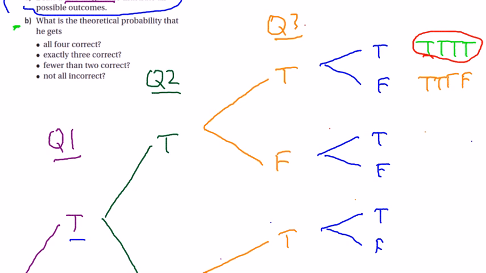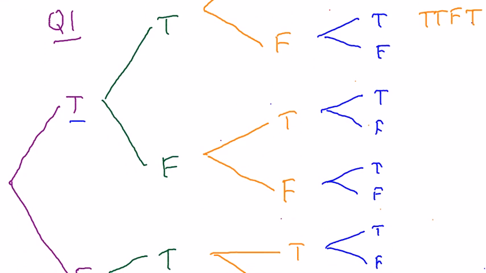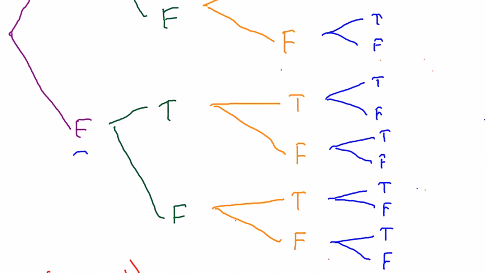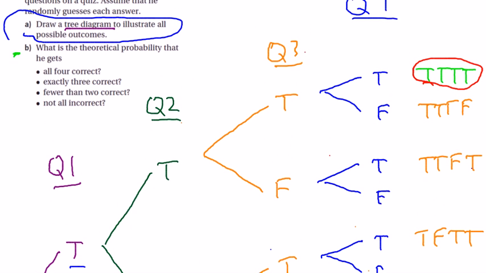Or he could get the first 2 correct and then 1 wrong, and then 1 correct, so that you get the third one wrong. Or you could get the second one wrong. That would be true, false, true, true. Or I guess he could have got the first one wrong and all the others right. So that would be false, true, true, true.